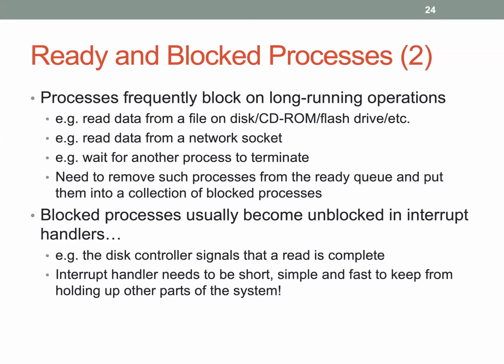These processes tend to become unblocked in either interrupt handlers or trap handlers. If a process terminates, you end up getting back into the kernel. Now, the kernel can look at what processes may be waiting on that process in a blocked queue, okay? And as I say on the slide, we need to keep that interrupt handler as short and fast as possible.